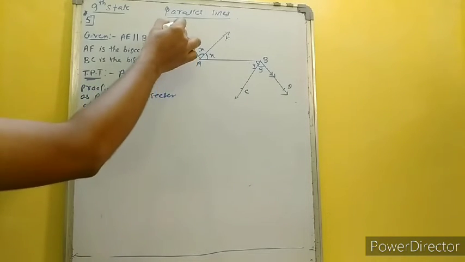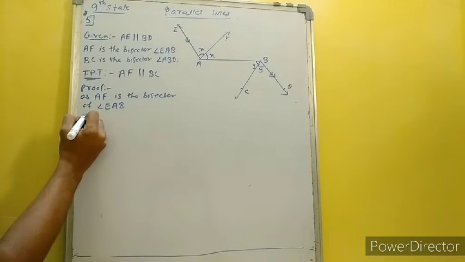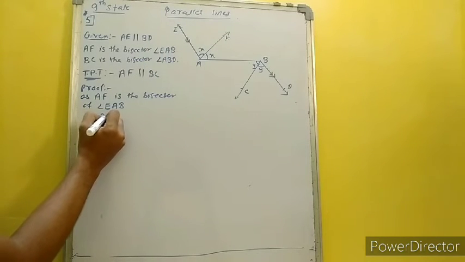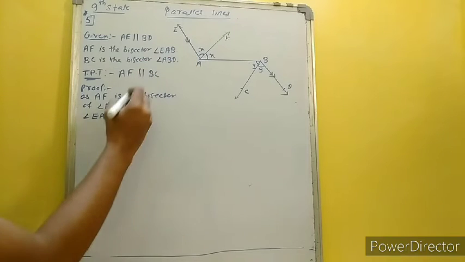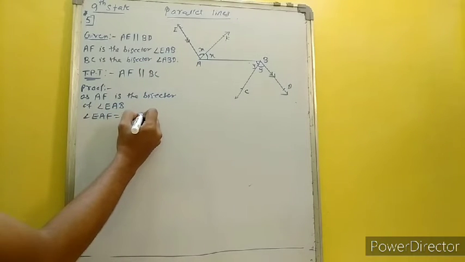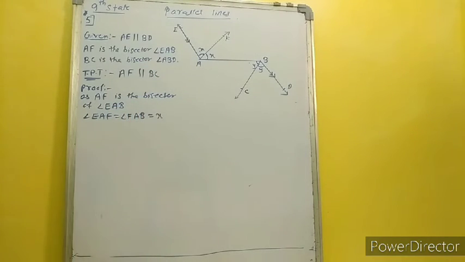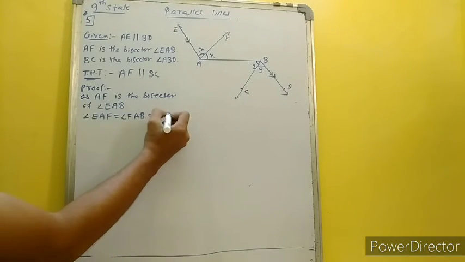Therefore, two angles are equal. Angle EAF is equal to angle FAB is equal to X. It is already given in the textbook, so I am writing X, naming it number 1.